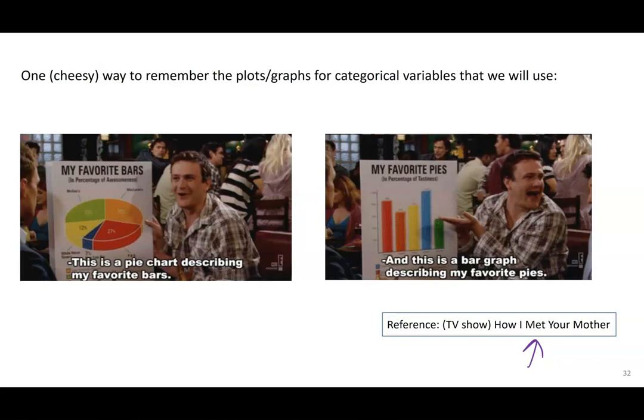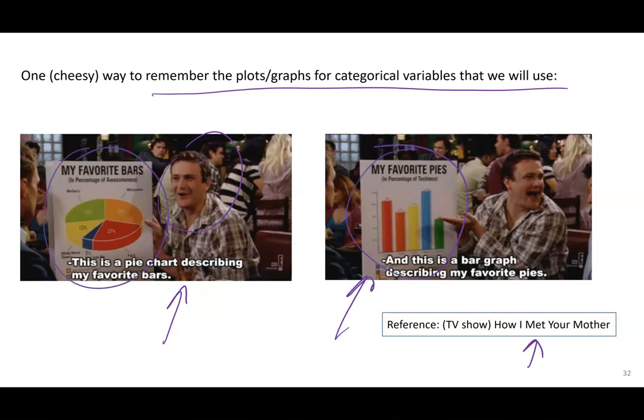There's an episode where the character Marshall gets really, really into printing posters, and what he says then is, this is a pie chart describing my favorite bars, and this is a bar graph describing my favorite pies. So these are the 2: bar charts and pie charts, those are the 2 for categorical data.